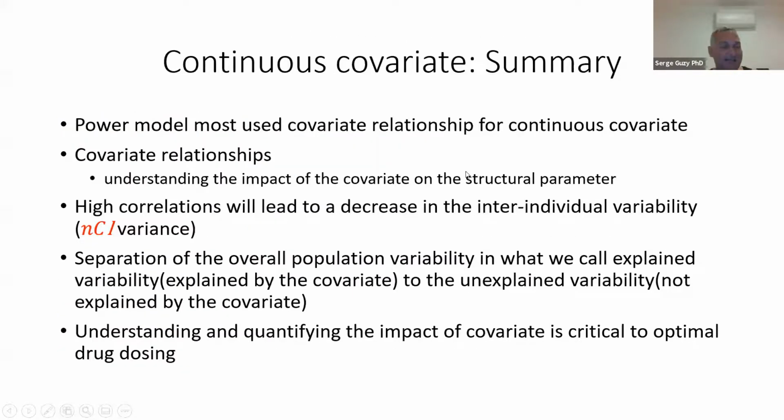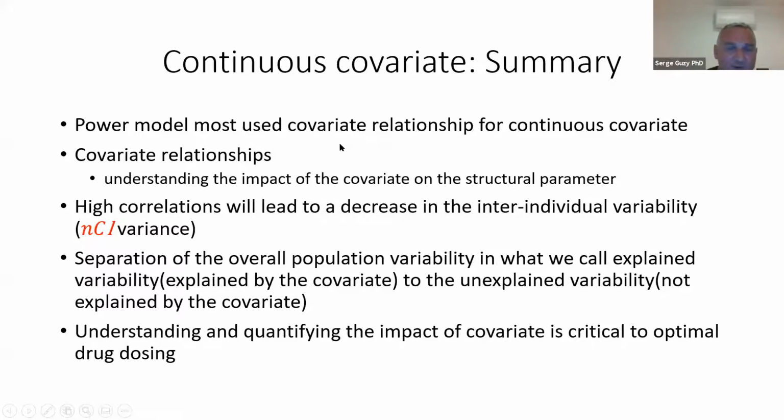Then, continuous covariate summary. The power model is the most used covariate relationship for continuous covariates, although you can use more complicated covariate relationships, but I like this kind of relationship. Once you work with data sets, I'm pretty sure they're going to cover all kinds of covariate relationships that you can use.